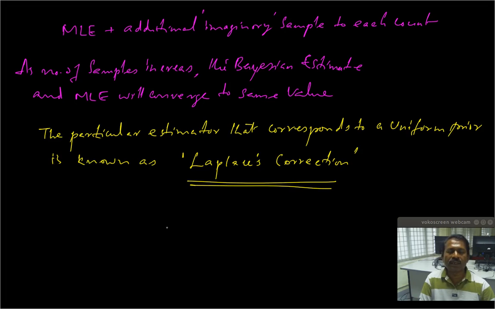In the Bayesian approach, we can add the prior and update the probability values by computing the posterior. So MLE gives you only the likelihood estimation, but in the Bayesian approach we can add the prior and update the probability values. This is the difference between MLE and Bayesian estimation.